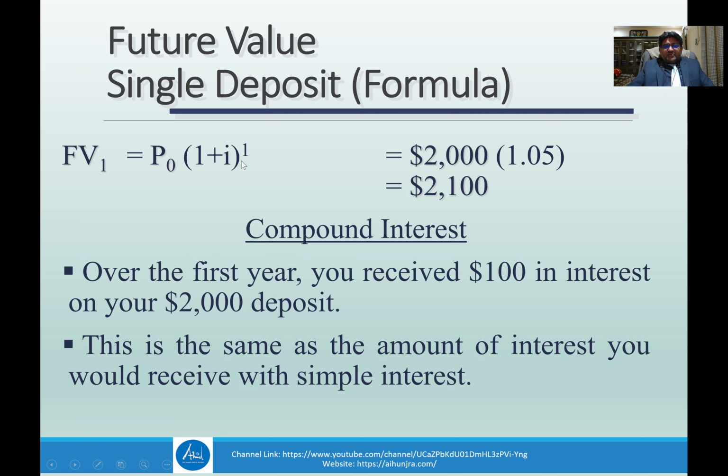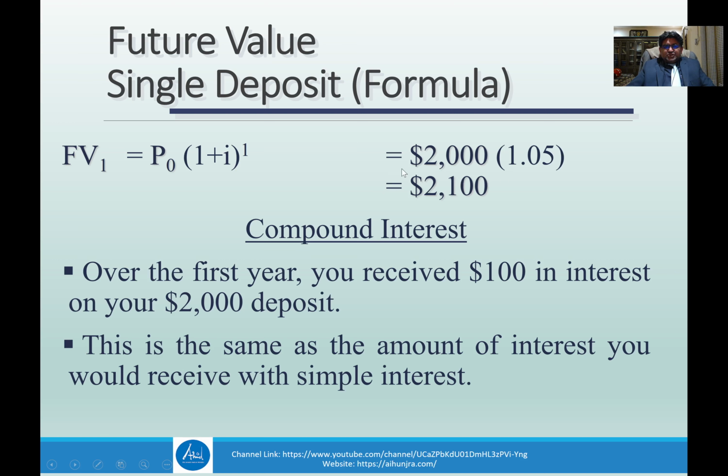Here, for the first year, at the end of the first time period, P0 multiplied by 1 plus 0.05 raised to the power 1, the answer is 2100. If the same amount is calculated for simple interest, do we get the same amount? Yes, because the time period is 1 in this case. Simple and compounding will give you the same value.